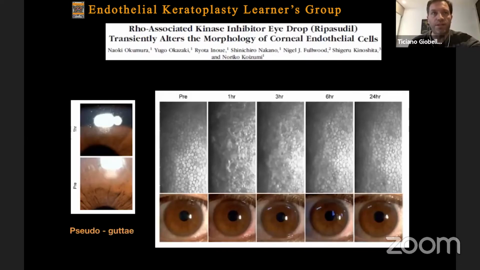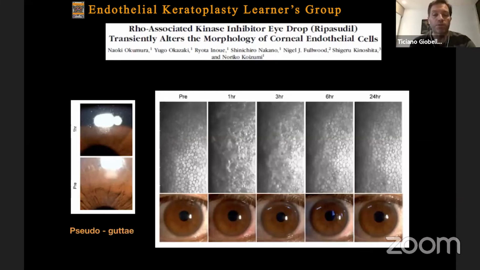As you can see here in this slide, mostly due to protrusion formation along intracellular borders caused by the reduction in actomyosin contractility of the cornea endothelium cells, as you can see in this picture.